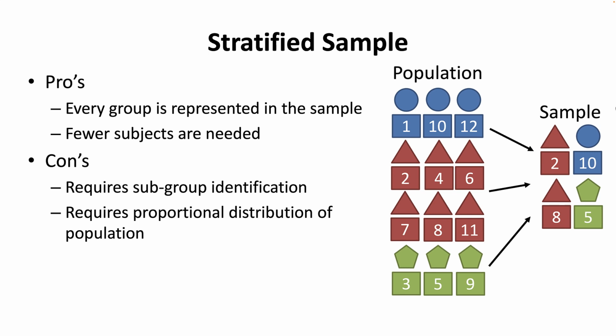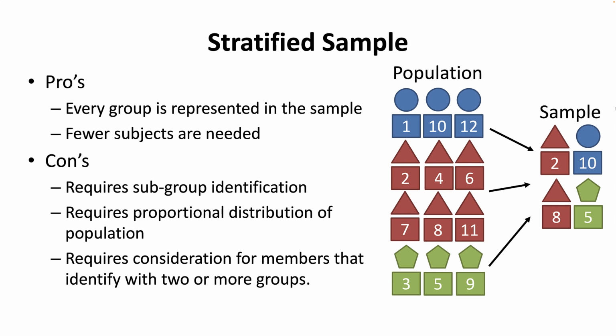So our sample is usually proportional to how the groups are divided in the population. That can also be a pro and a con. It does require consideration for members that identify with 2 or more groups. So when you're trying to take a stratified sample, if you have one individual that identifies with, let's say, the blue circle group and the green pentagon group, they can only belong to one strata.